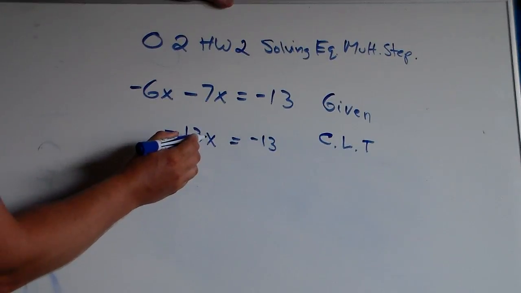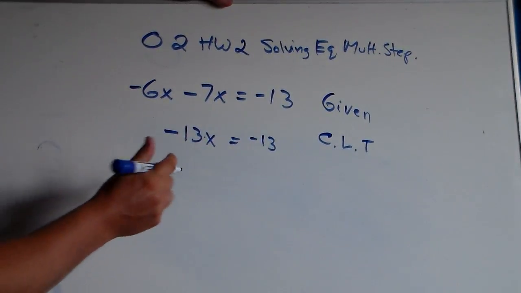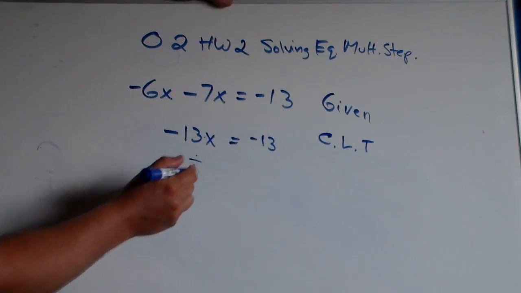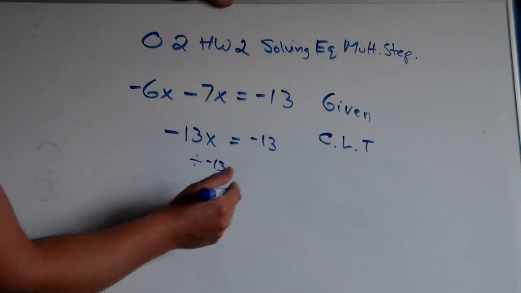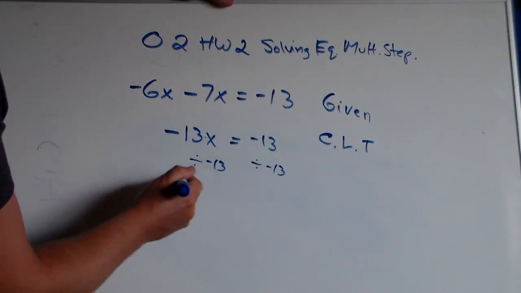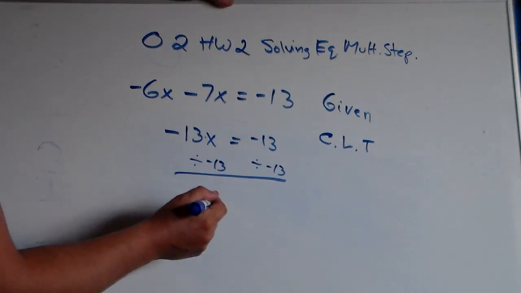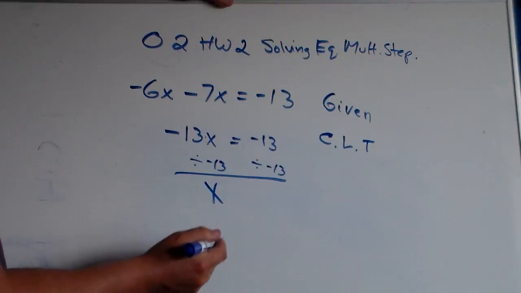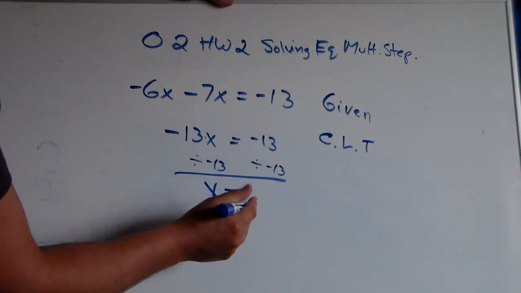Now this is negative 13 times x. So to get x all by itself, we use the inverse operation, and the inverse operation of times is division. So we divide by negative 13 to both sides of the equation. Negative 13 divided by negative 13 is 1, or just x. We have x equals negative 13 divided by negative 13, which gets you 1.